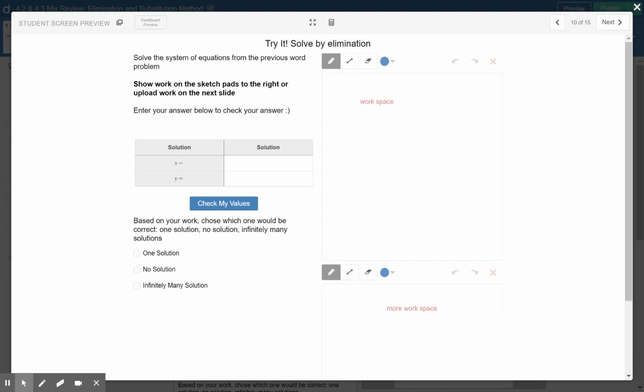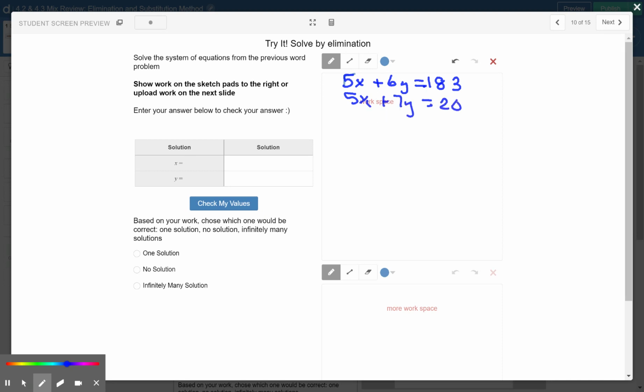All right, so our first equation is 5x plus 6y equals 183, and 5x plus 7y equals 206. Now remember, for elimination, you want to make one of them opposite.